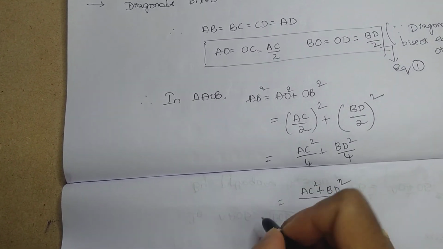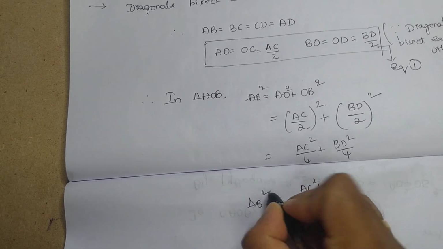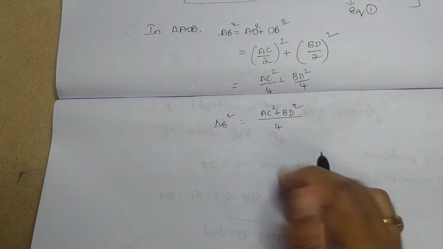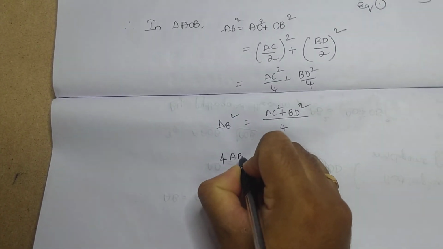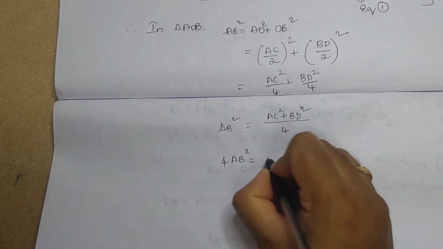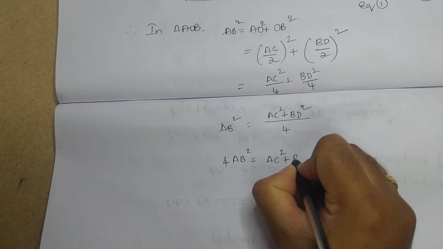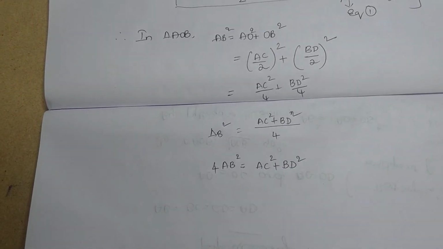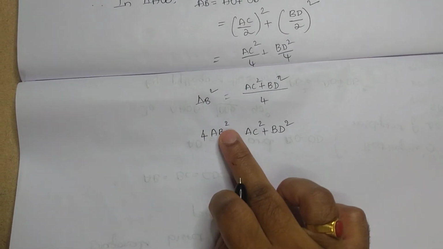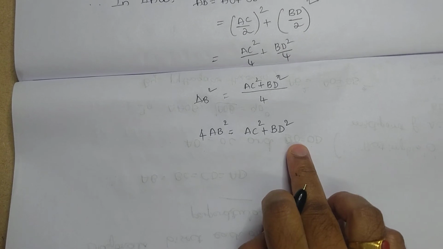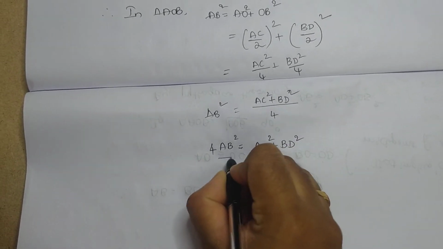So what is our LHS part? It is AB square. So AB square equals AC square plus BD square by 4. I am sending 4 to the left hand side. It becomes 4AB square equals AC square plus BD square. Clear? What is AB here?